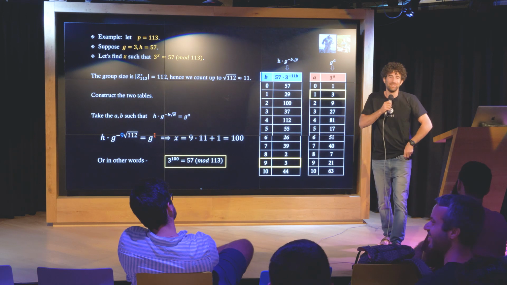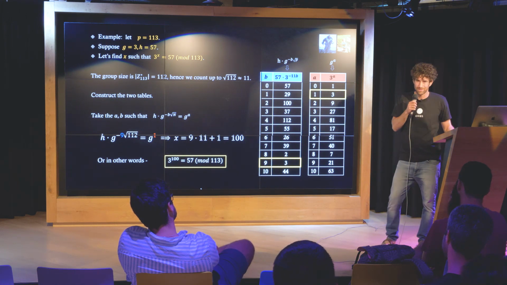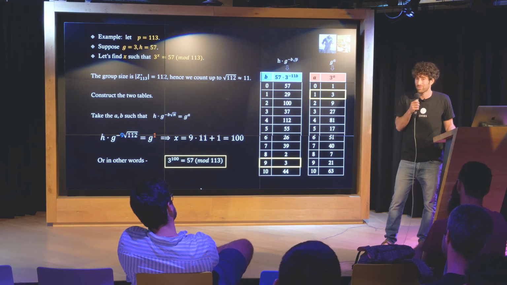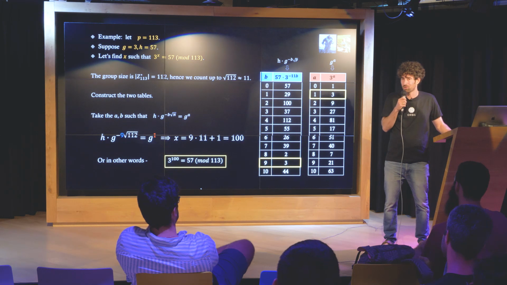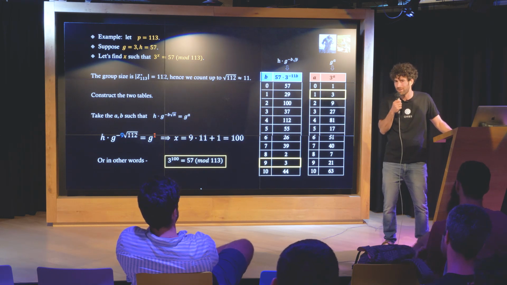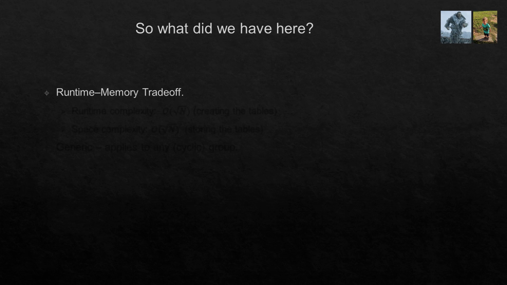So that was going to be my point exactly. What just happened here is that we improved the running time complexity from n to square root n, but we paid square root n storage complexity. So we have a runtime memory trade-off. The runtime complexity is O of square root n, just creating the tables.